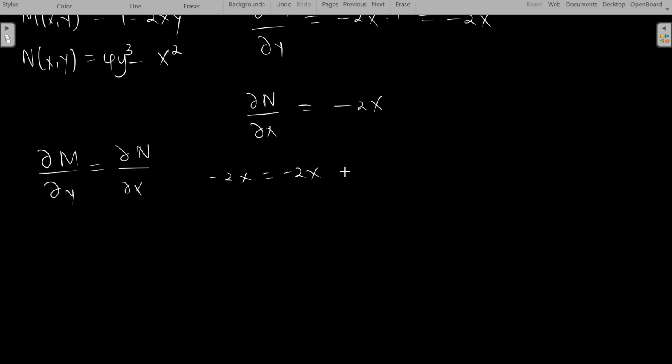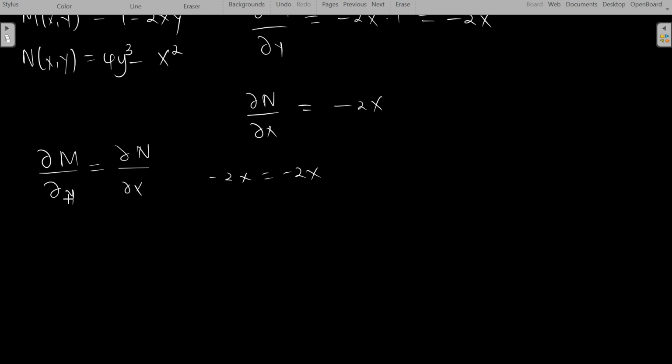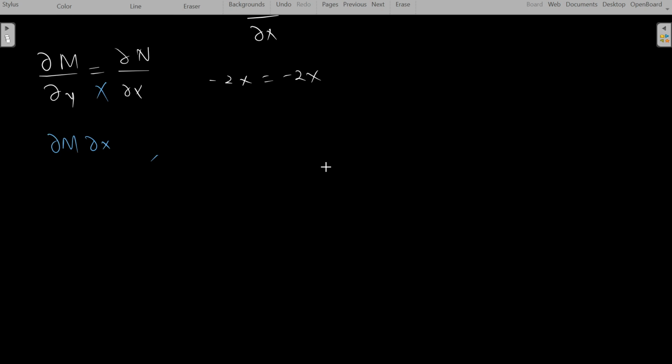So once we have checked for exactness, how will we solve this? Let's do a small cross multiplication at this point. Delta M multiplied with delta x, and then don't include the equal sign, just separate using a comma, delta N with respect to delta y.